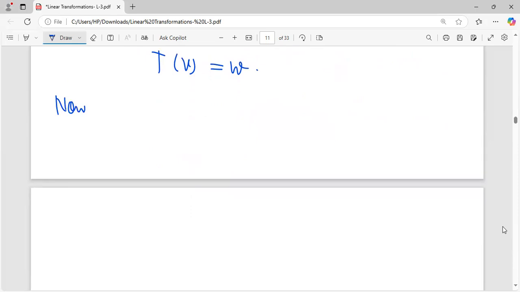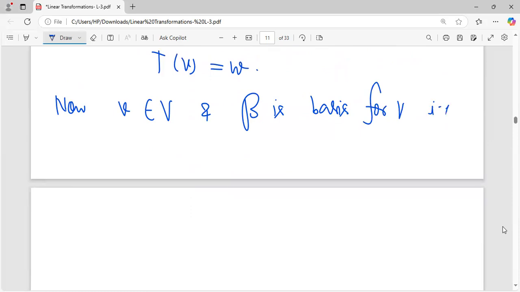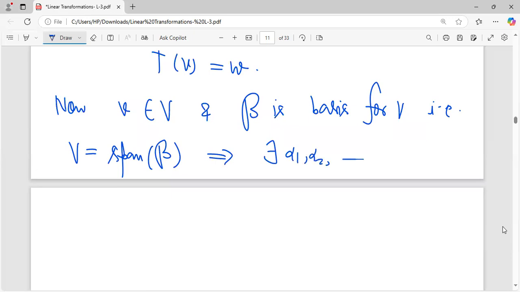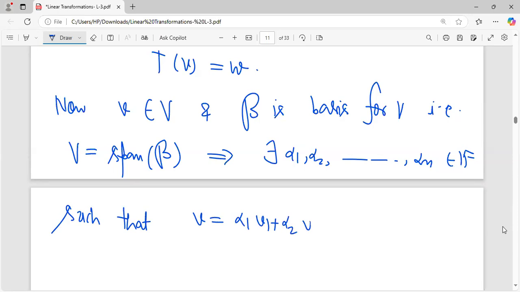Now v belongs to V and B is a basis for V. It means V is the span of B, which implies there exists alpha 1, alpha 2, alpha n belonging to F such that v is equal to alpha 1 v1 plus alpha 2 v2 up to alpha n vn.